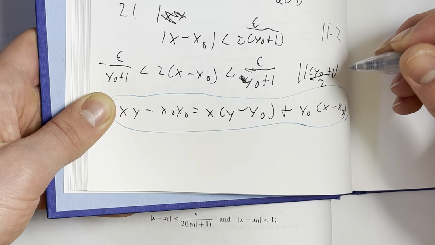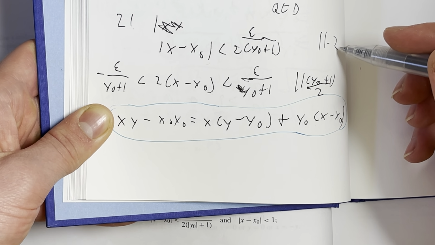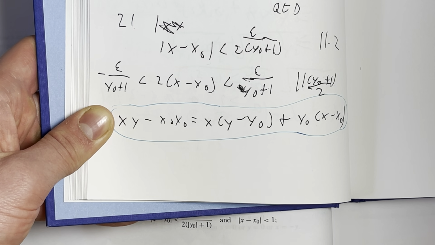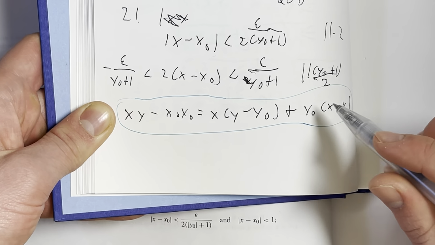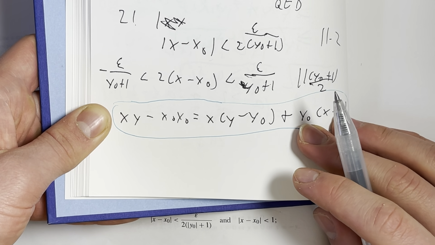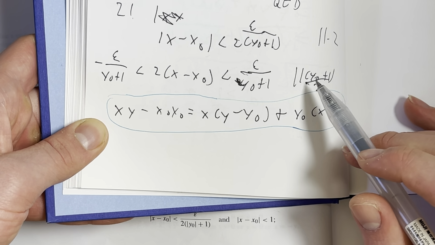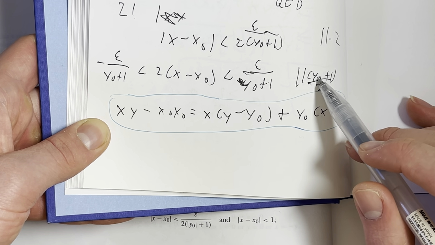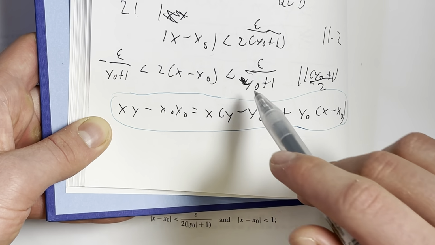So let's do it like this. I realized that multiplying by 2 here wasn't the greatest idea. I'll show you later why that was. And it doesn't matter whether y0 plus 1 is positive or negative, because this is symmetrical.